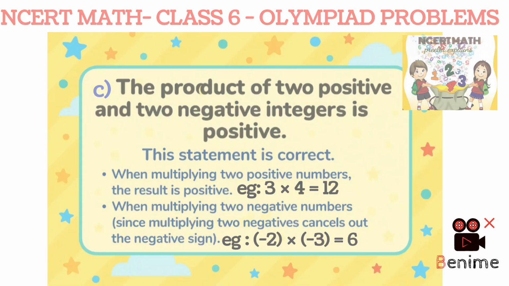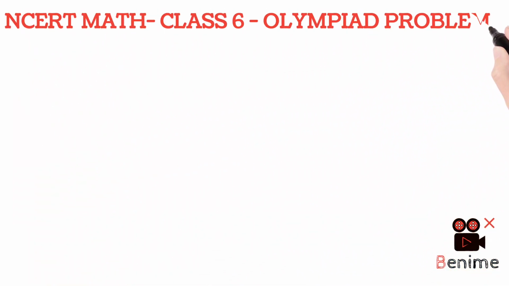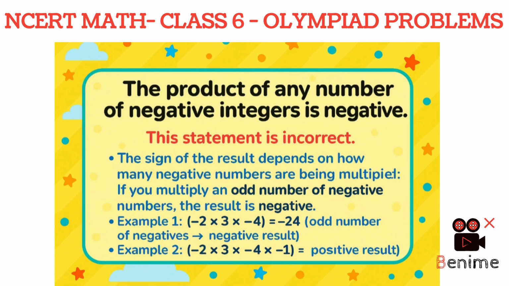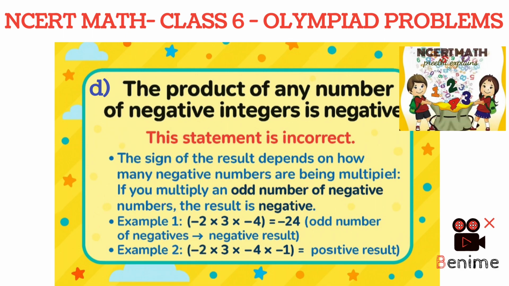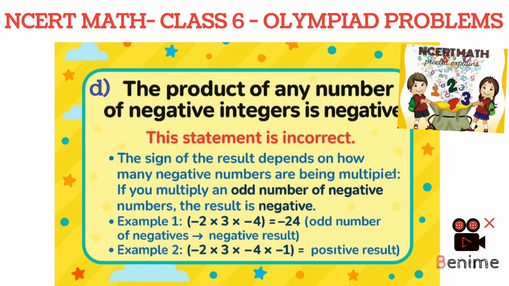Then the fourth statement is: the product of any number of negative integers is negative. Let us see the explanation. The sign of the result depends on how many negative numbers are being multiplied. If we multiply two negative integers, the result will be positive, right?